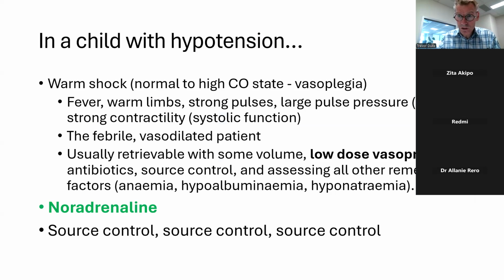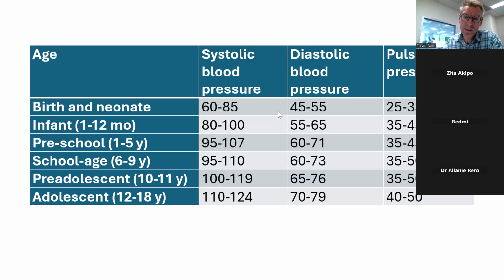So in a child who's got hypotension, and remember, I should say, in regard to these blood pressures, you don't need to aim for what's completely normal. It's good if you can get it into the normal range, but if you can get it close to the normal range, that can sometimes be adequate. And so this is the lower limit of the systolic blood pressure, and that's perfectly fine. The lower limit is fine to achieve. So if an infant has a blood pressure of 80 on 55, that's fine.